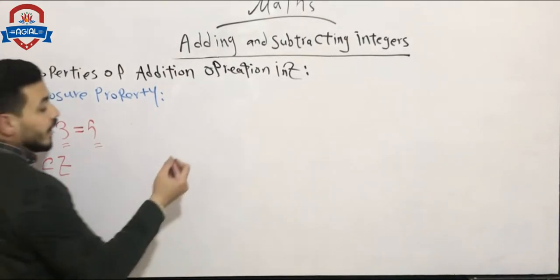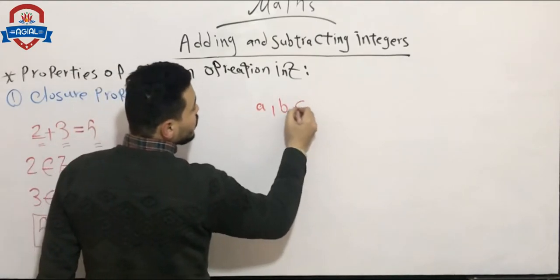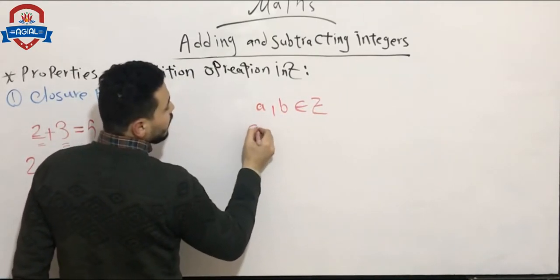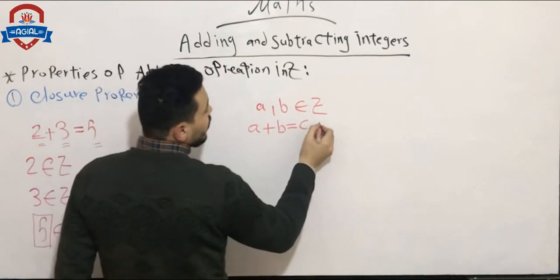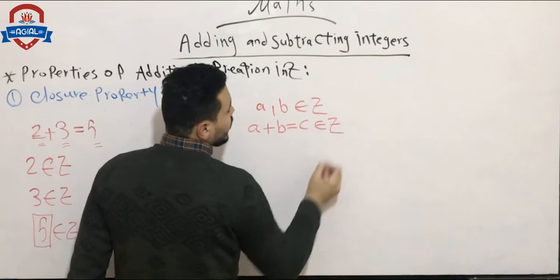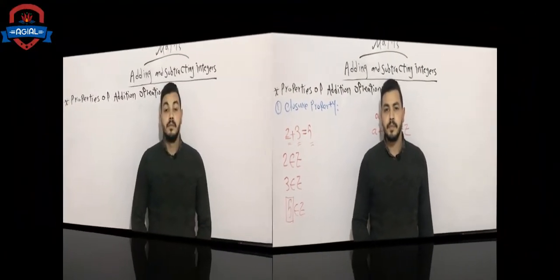So if we have A and B belonging to Z, A plus B equals C, and C belongs to Z. So Z is closed under the addition operation.